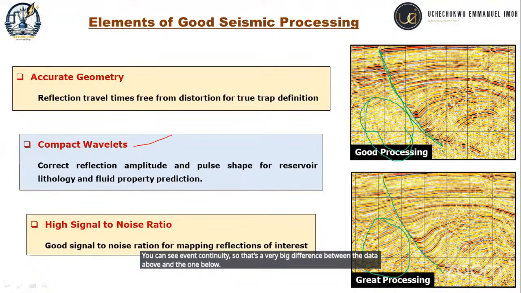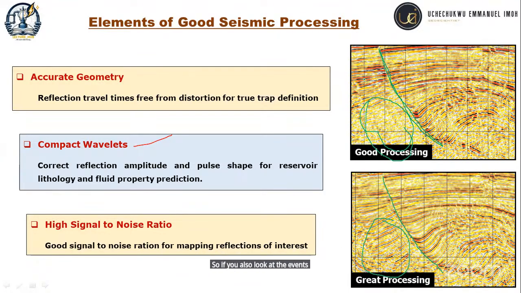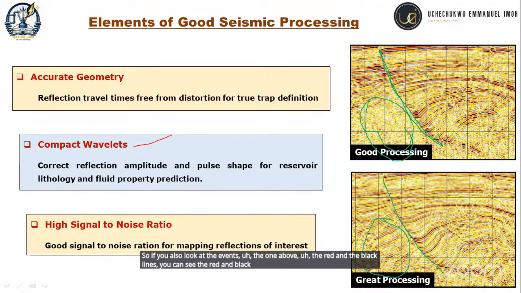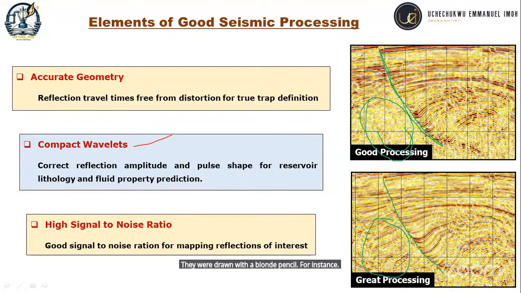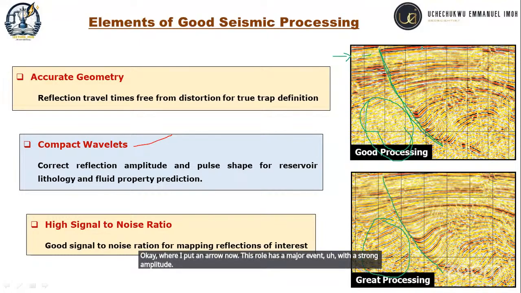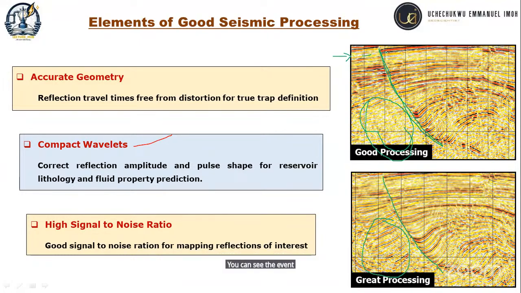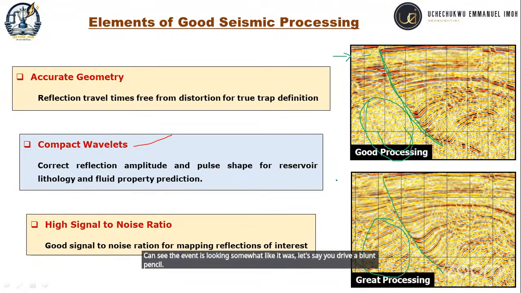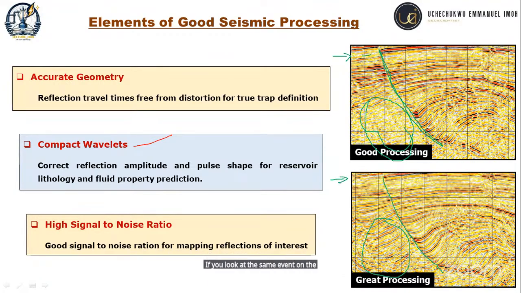If you also look at the events in the one above, the red and black lines look like they were drawn with a blunt pencil. For instance, this first event here, where I put an arrow now. This first major event with a strong amplitude looks somewhat like you drew it with a blunt pencil. If you look at the same event on the second one, where you have the arrow, you can see the event is sharper.